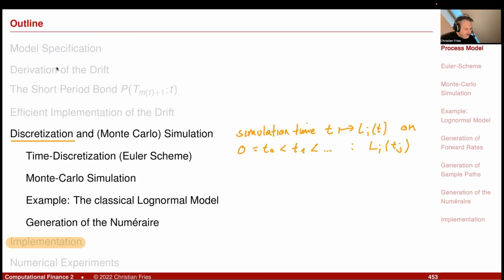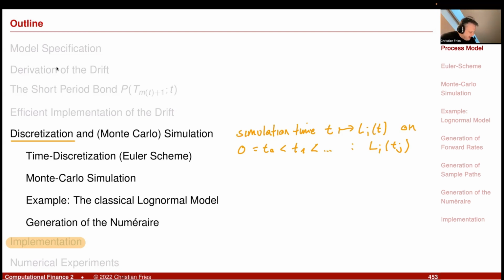At least if we do not specify here this short period bond. So discretization now refers to the time discretization of the simulation time of the stochastic process. So it's the second time discretization that comes into play. Usually we choose it finer because we also get time discretization error there.